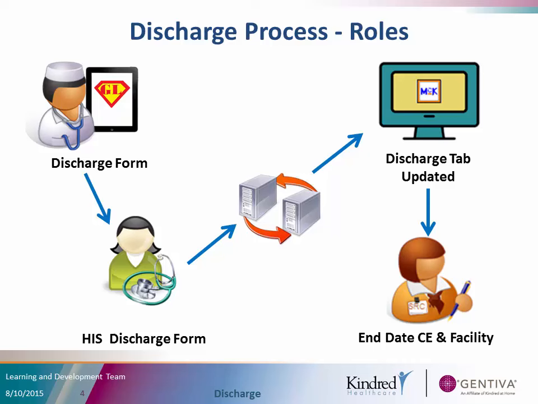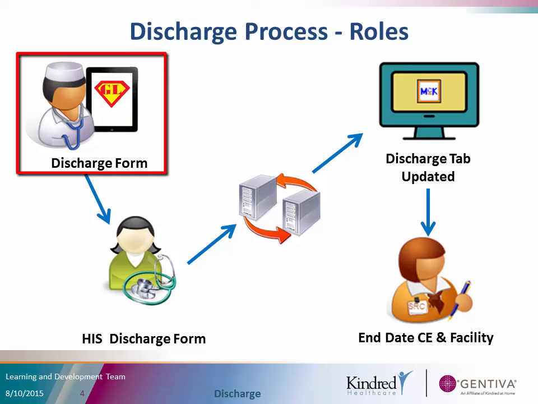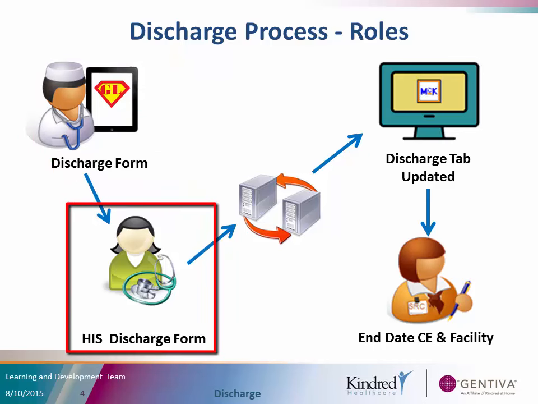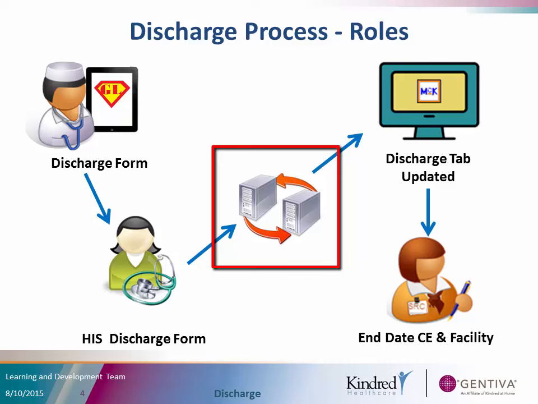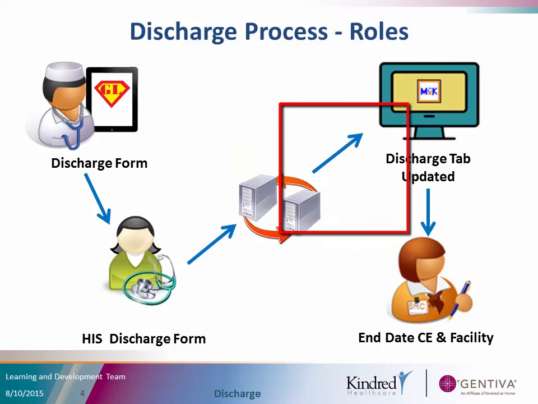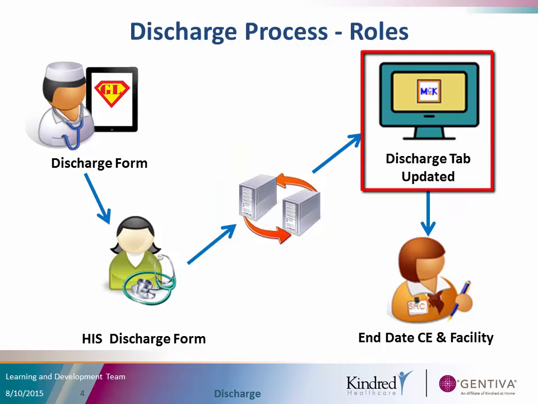Here is a glance at the players in the discharge process. It begins with the nurse conducting the discharge visit and completing one of the discharge forms. Next, the MCP will complete the HIS discharge form. When the HIS discharge form is validated and completed, the information will flow to McKesson Hospice and update that patient's status in both McKesson and the hospice system.